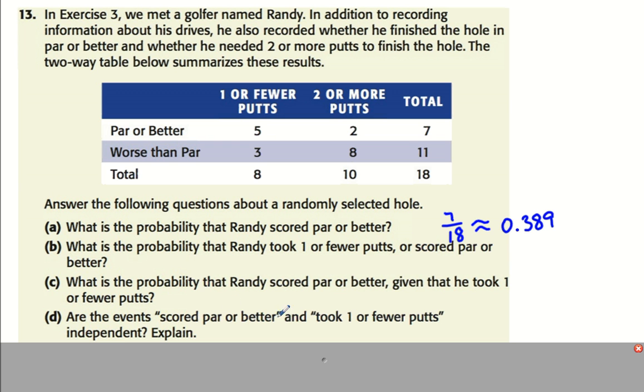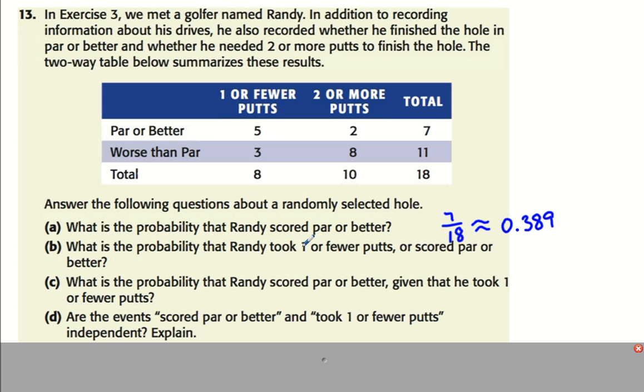We're trying to get at this notion of: is the event scored par or better and the event took one or fewer putts independent? In other words, is it more likely that he scores a good score, very few strokes, if he doesn't have very many putts? Let's see how that works. In part B, the probability that he took one or fewer putts or scored par or better. There's a couple of "ors" there, it's a little weird.